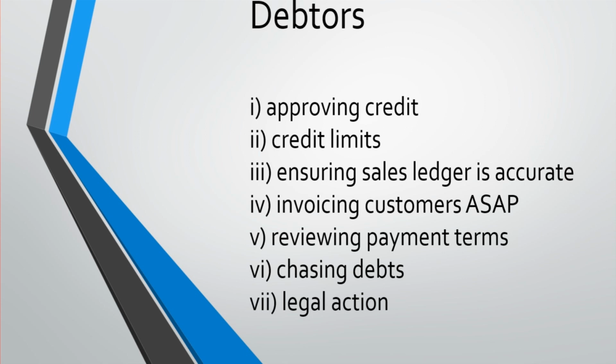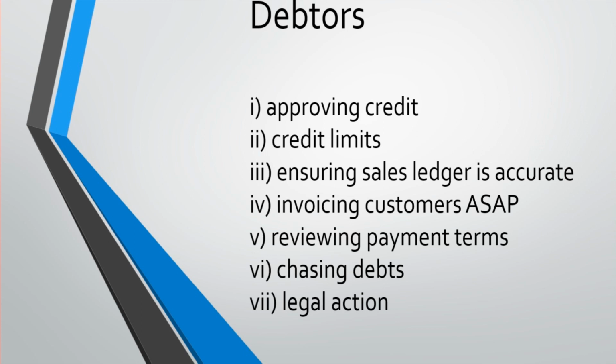And one of the great things about credit limits is it enforces payment to continue trading. So if you have a customer that's reached its credit limit, say $5,000, pounds, euros, it has to make a payment in order to continue trading with you.